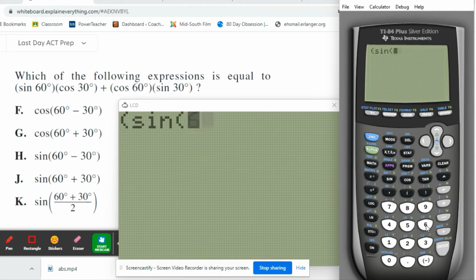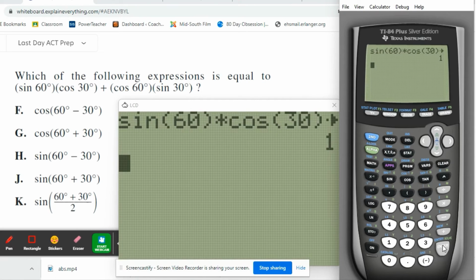So we have sine of 60 degrees times cos of 30 plus cos of 60 times sine of 30.